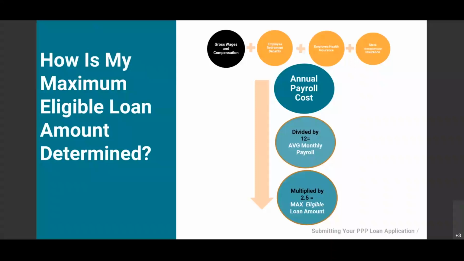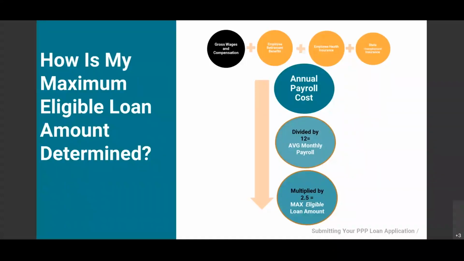To that is added any employee retirement benefits that are paid. If there's a 401k plan or any type of benefit plan for the employee, that amount is added to your gross wages. And then there's what's called your employee health insurance.